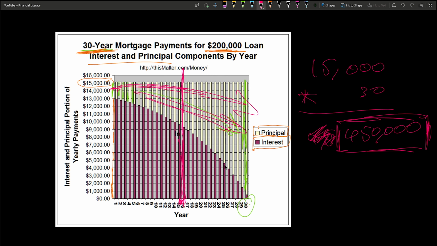Each month you're still paying the same amount, it's just more of it is going towards principal, less of it is going towards interest.